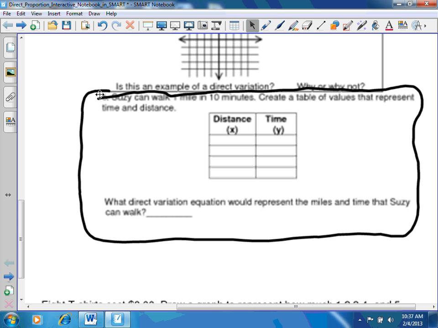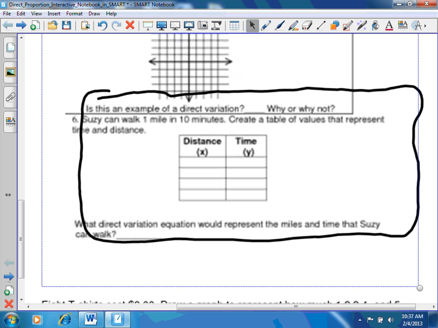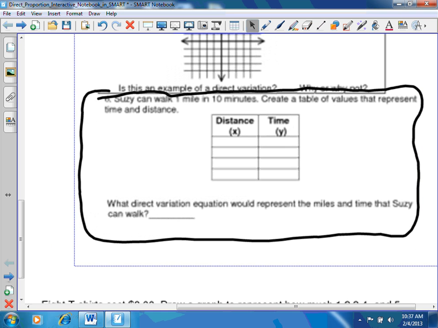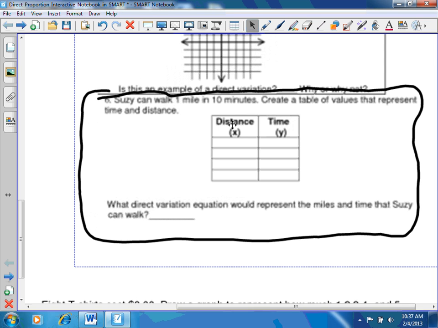Cut out the Susie problem, and glue it there.